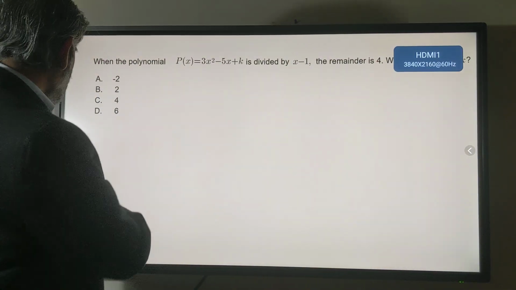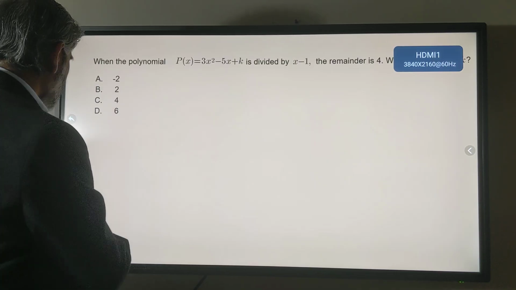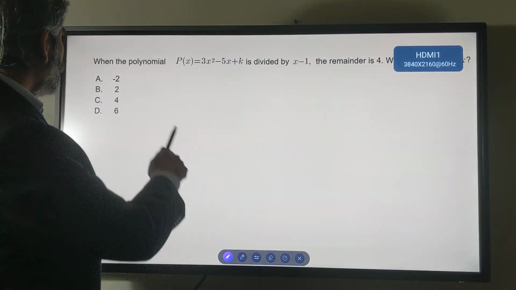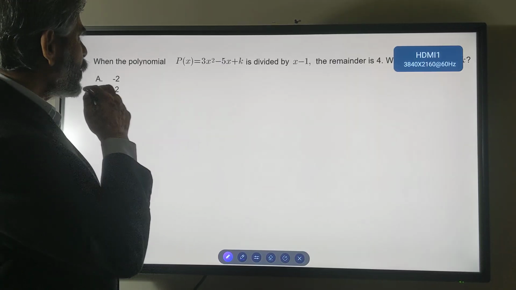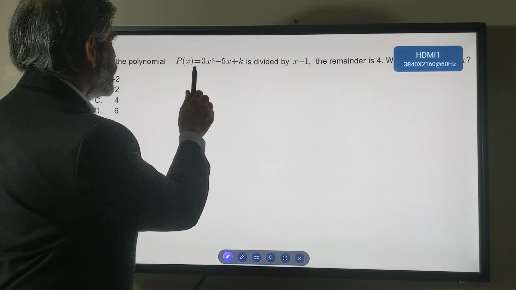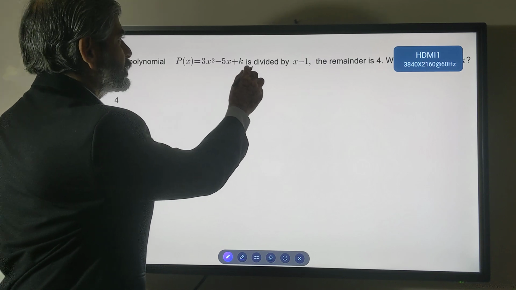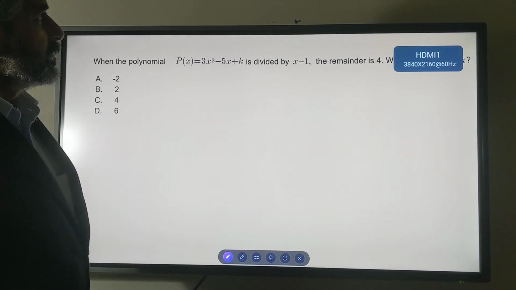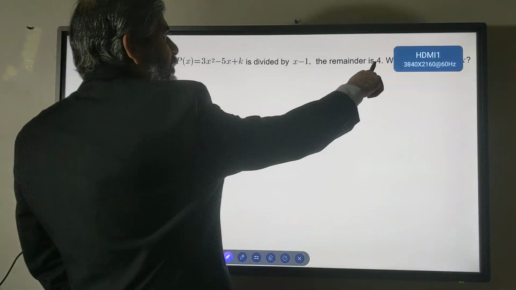This is the kind of problem that you could get in your SAT exam. This is a relatively simple problem. If p(x) is equal to 3x squared minus 5x plus k is divided by x minus 1, then the remainder is given to be 4.